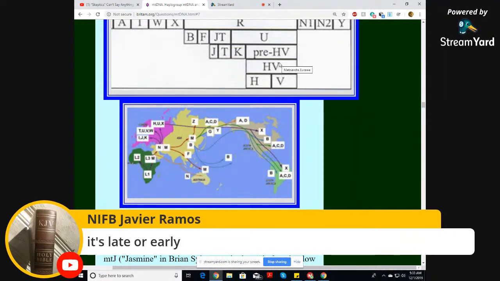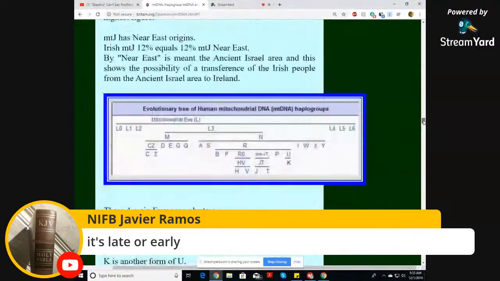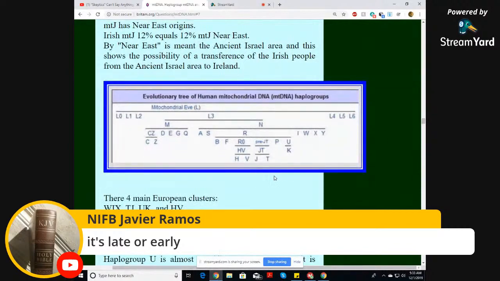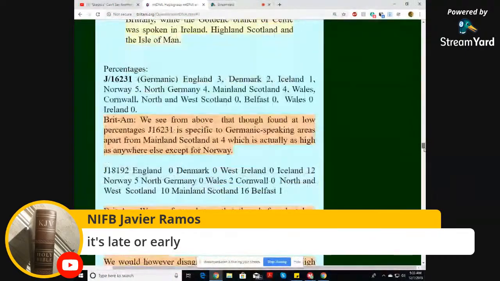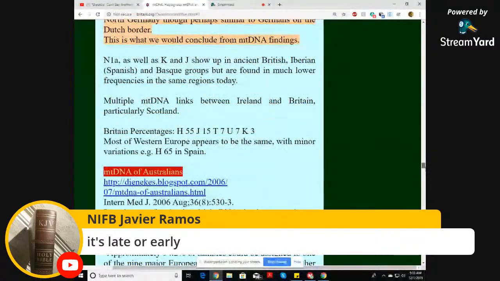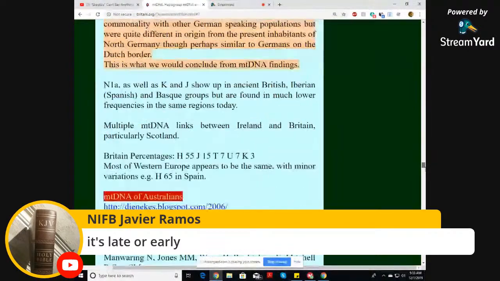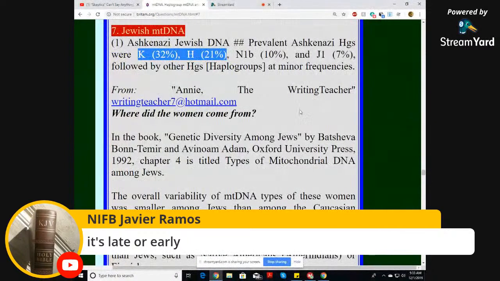So again, here's the H and the K is up here, so the K is right here. And another example, H is here, K is here. Now, if I can zero in on the information that I was looking at, okay, here we go. It's right here. Jewish mtDNA.